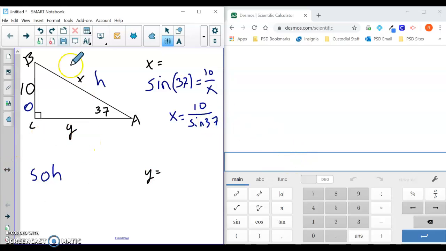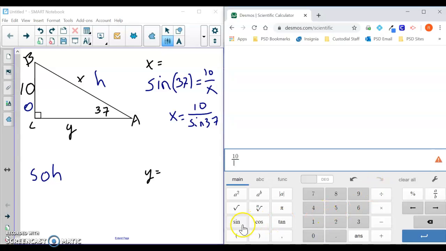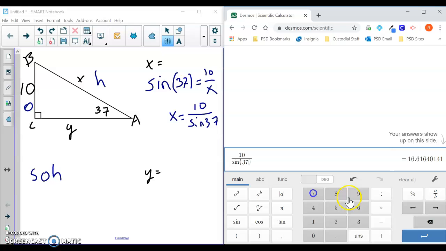We should get a value quite a bit larger than 10, knowing that the shortest side is across from the shortest angle, and this is going to be a larger angle over here, so it should be the longest side. If I do 10 divided by the sine of 37, we get 16.6.